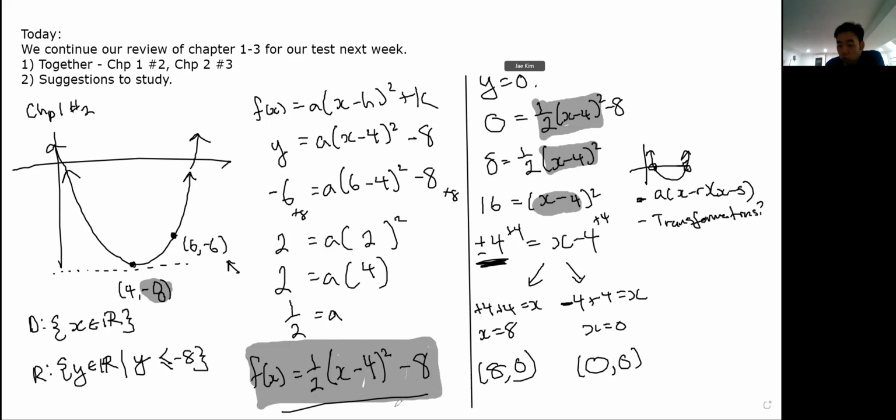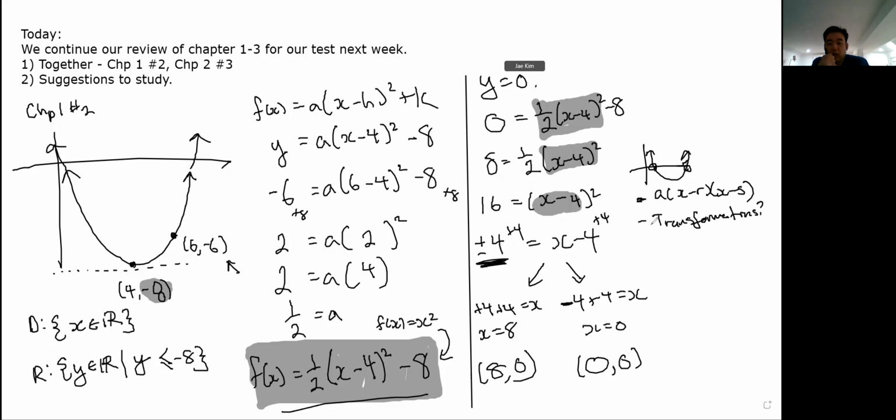AKDC. What are the transformations from the parent function of x squared? That gives me this. And you'd have to give me, the vertical compression by a factor of 1/2, shift to the right by 4, shift down by 8.